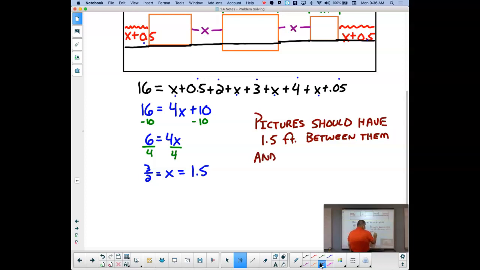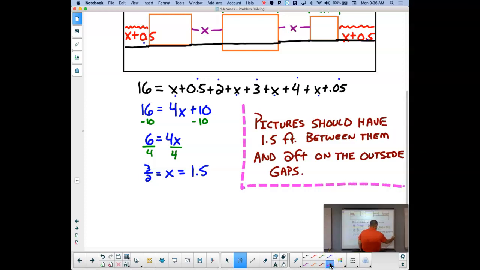And 2 feet, because it's x plus 0.5, on the outsides. Okay. And that would be how we would position the pictures.